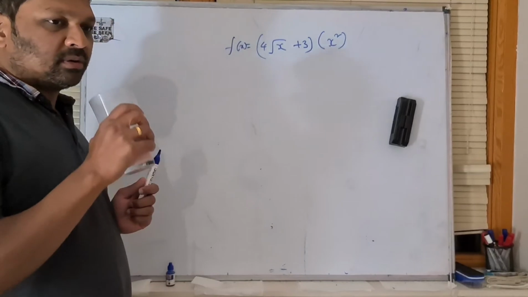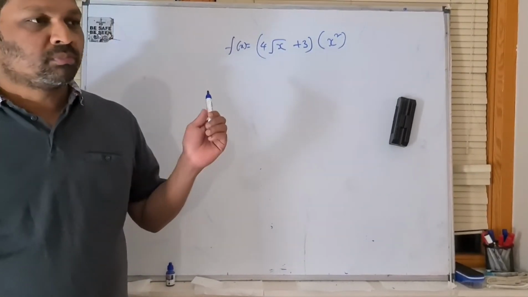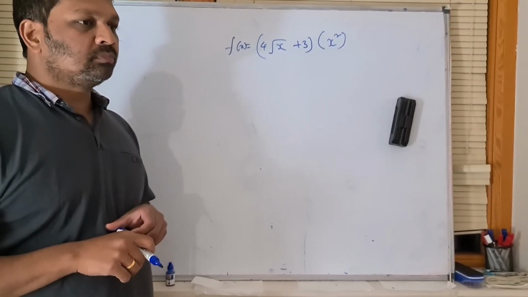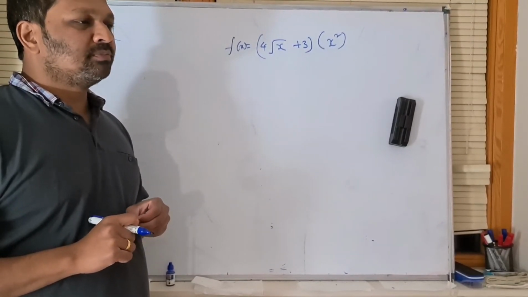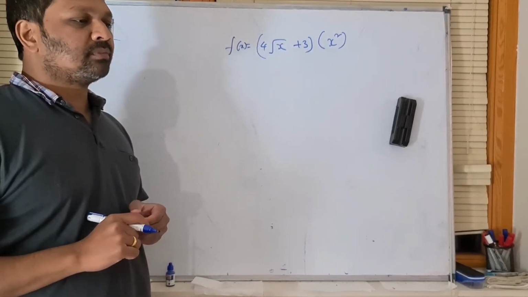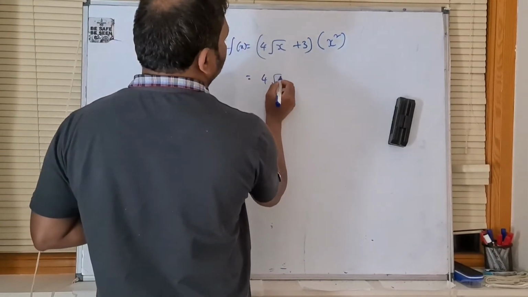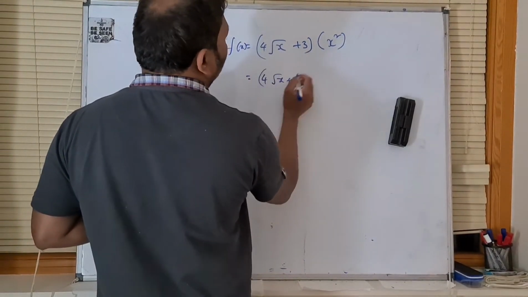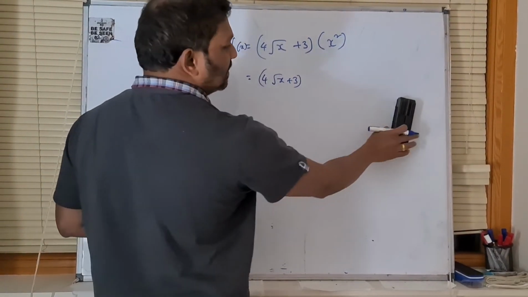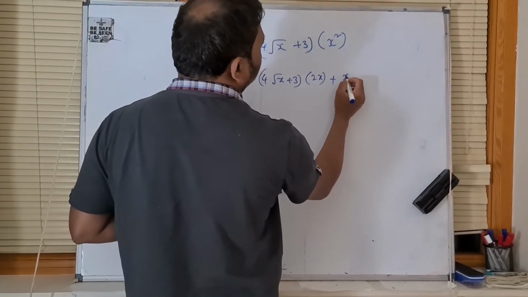The same one, u times differentiation of v with respect to x plus v times differentiation of u. So what is the differentiation of this one? Quick. 2x plus x squared.